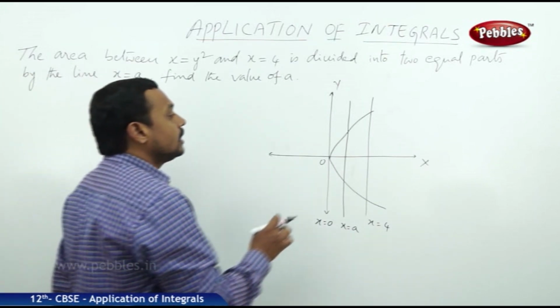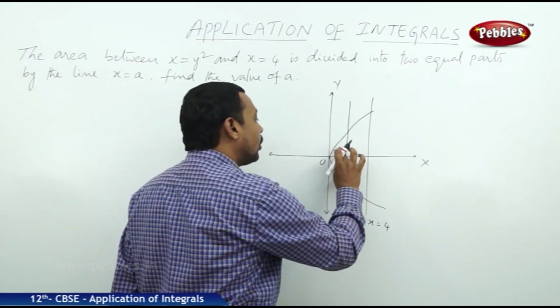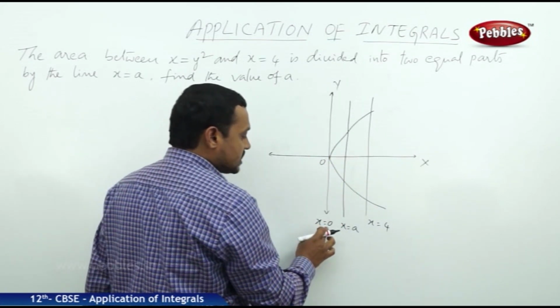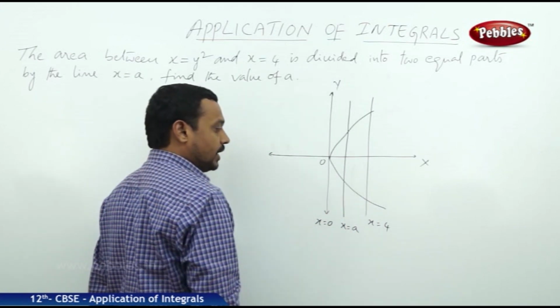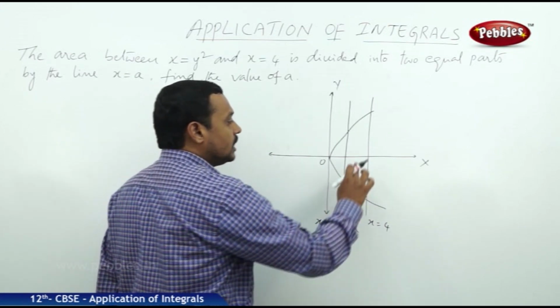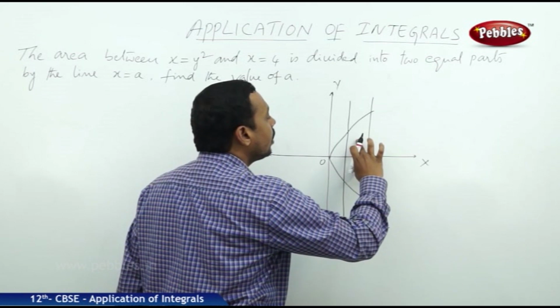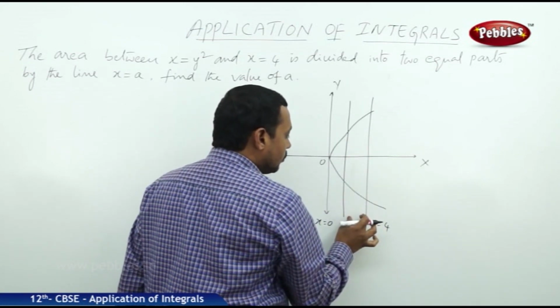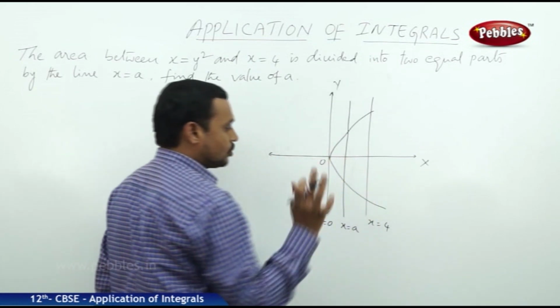What are they? The area of the region bounded by the curve between x is equal to 0 and x is equal to a is the same as the area of the region bounded by the curve with the lines x is equal to a and x is equal to 4.